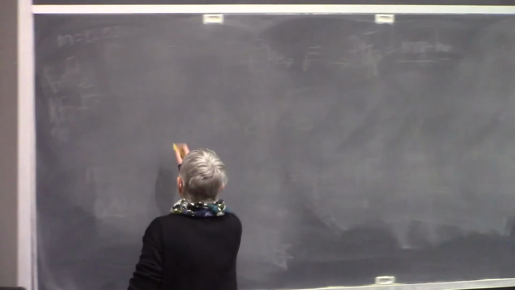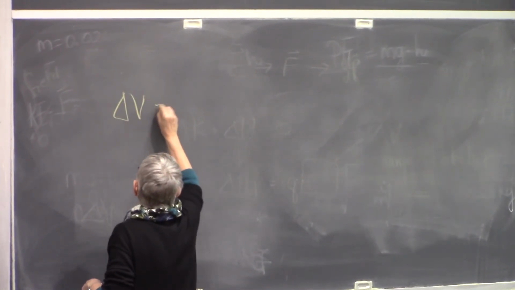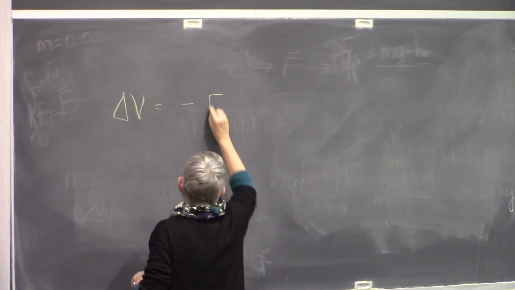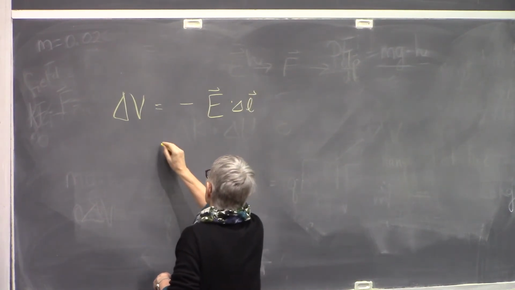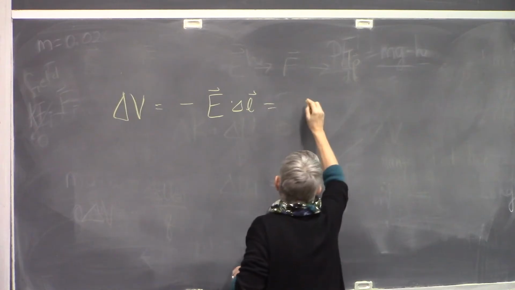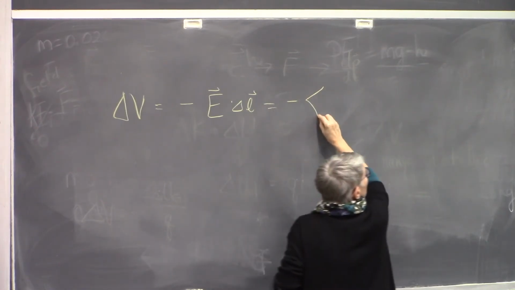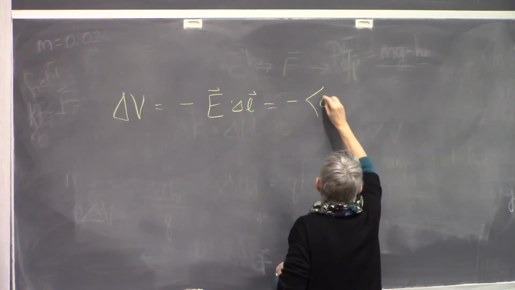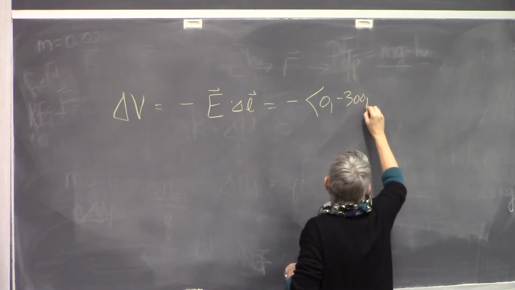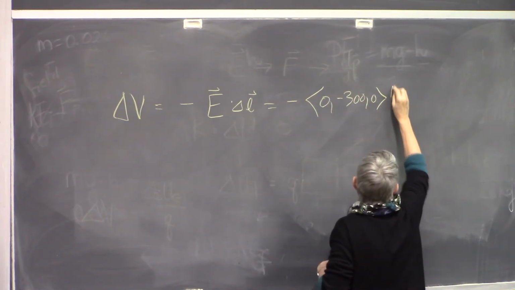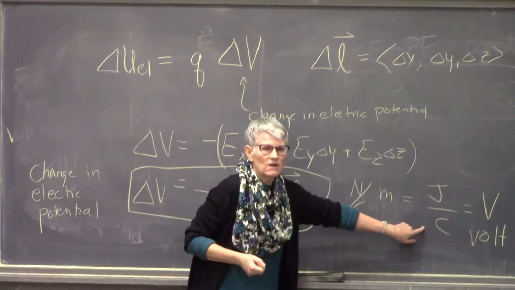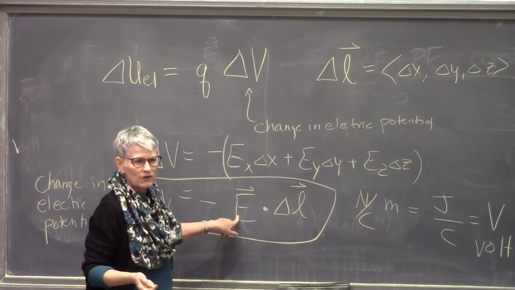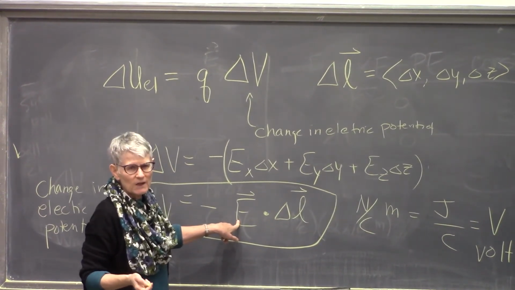So we have change in electric potential is minus E dot delta L. So that's a minus 0, negative 300, 0 newtons per coulomb, volts. An alternative unit for electric field must be volts per meter.